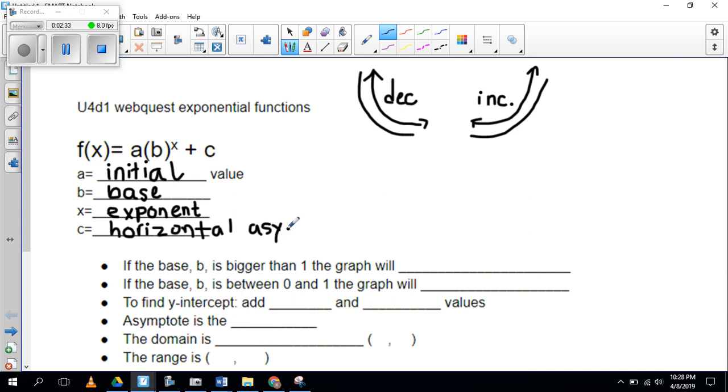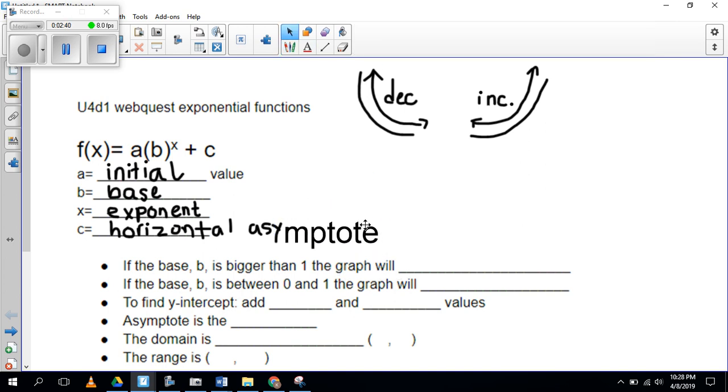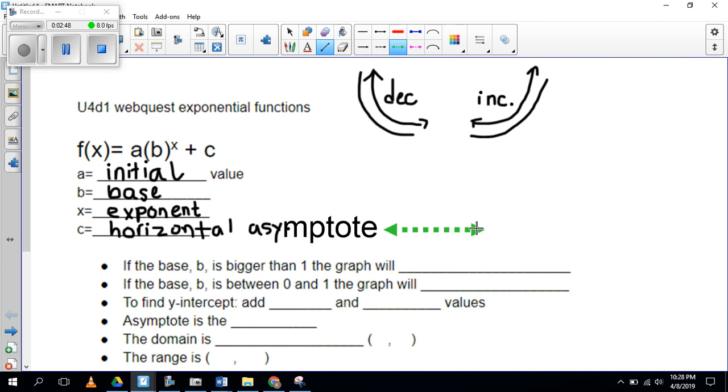And I think I'm going to start typing this: a-s-y-m-p-t-o-t-e. Let me put that here. So that's your horizontal asymptote. So your asymptote looks like this. Horizontal means it goes left to right.